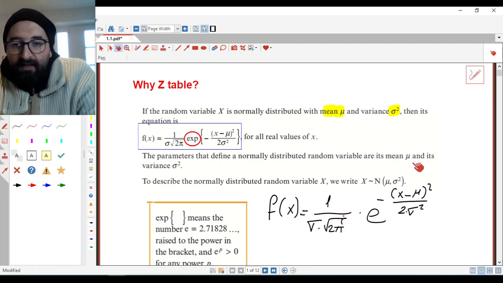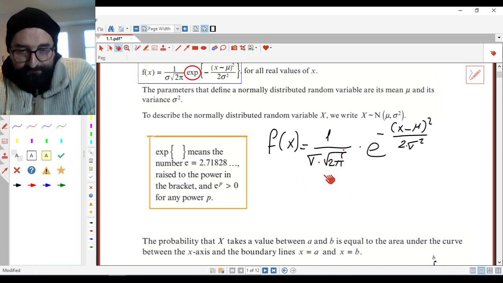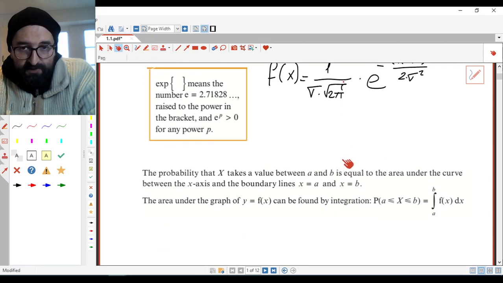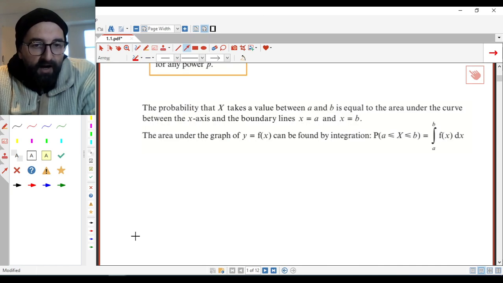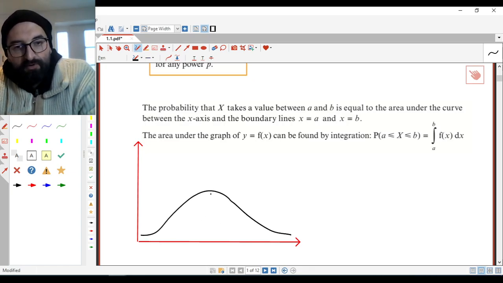As you see, this function is very hard, and it belongs to normally distributed functions. If you want to find the probability of some interval, for a normally distributed function, as you remember, it is a symmetrical curve.